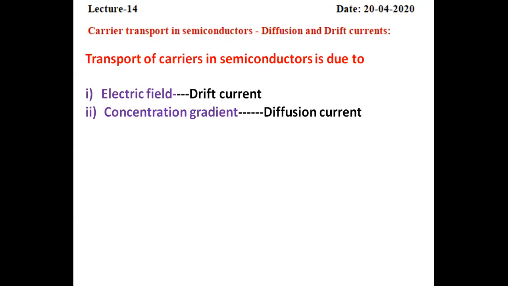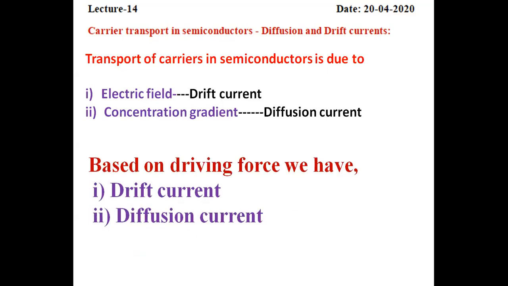The current constituted by transporting the charged particles due to the concentration gradient is known as diffusion current. So basically we have drift current density and diffusion current density, which have to be understood in transport phenomena of semiconductors. Let us go for the first one, that is the drift current.